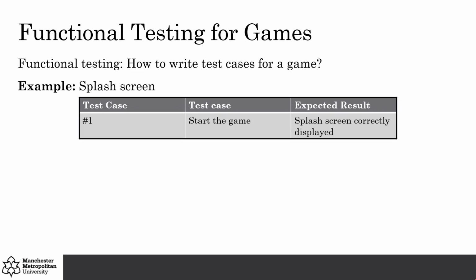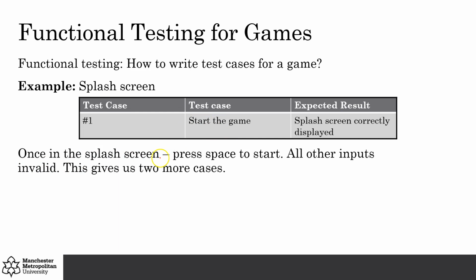You'd expect when the user presses the space bar that the screen is displayed correctly. So for this test case is starting the game, and you'd expect the splash screen to be displayed correctly. So that could say start the game, i.e. spacebar. And this test case here would spawn 2 additional test cases based off that.